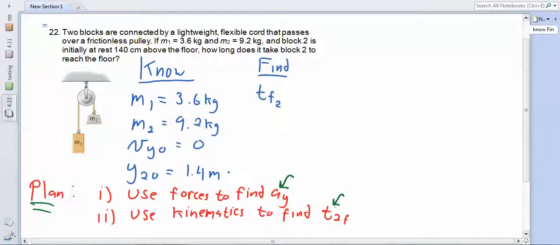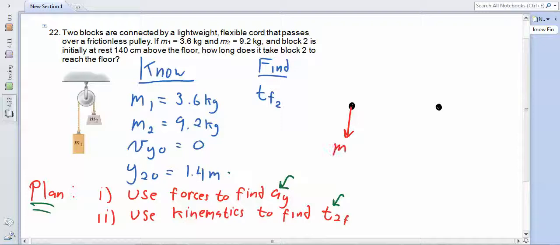So in order to do the forces part of the problem, we'll need to apply Newton's second law, because the blocks accelerate as they move. And the tool that we use to do that is a force diagram. So let's go ahead and draw force diagrams for each of the objects. So there's the one on the left, and this dot represents the one on the right. So each of the objects has weight. So there's a downward arrow.